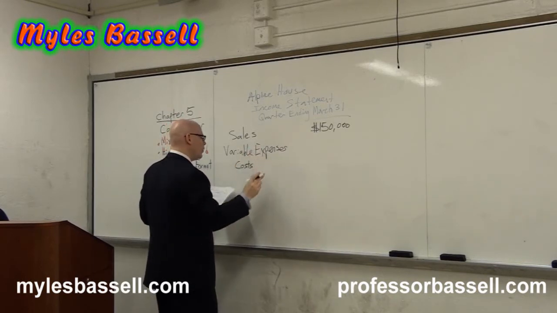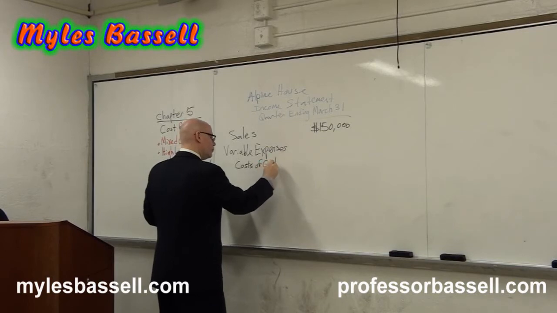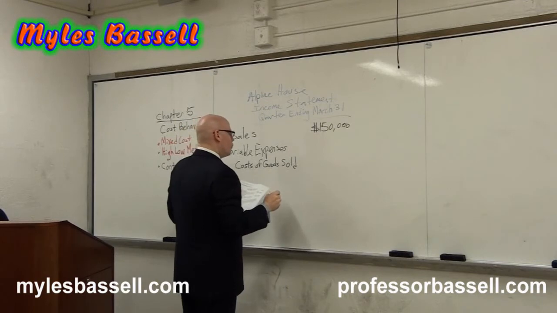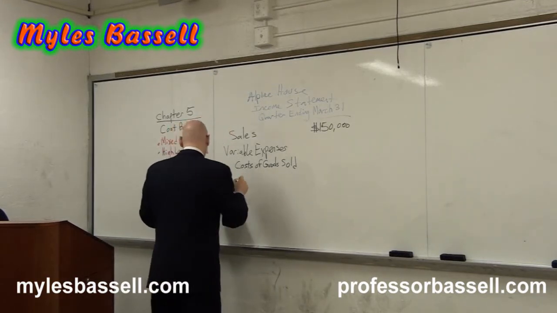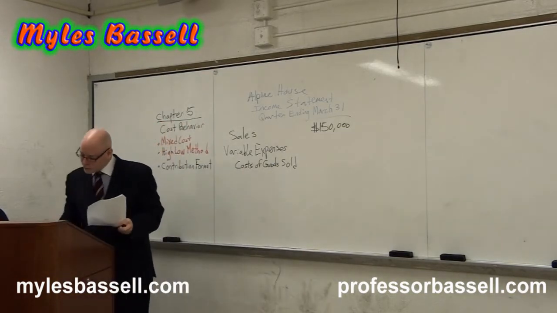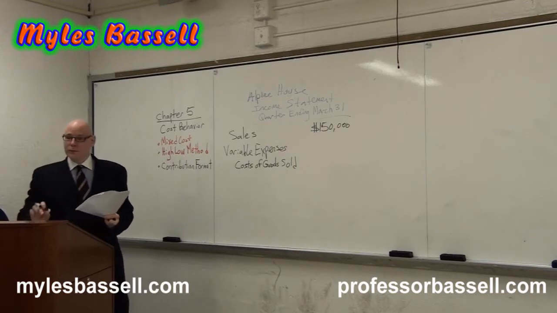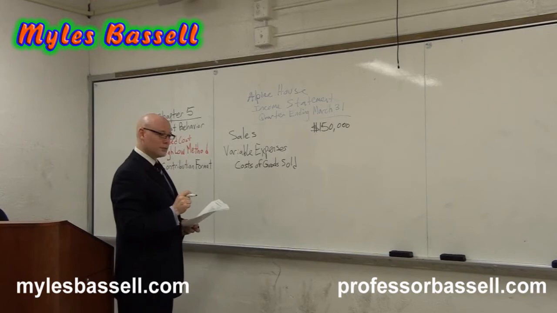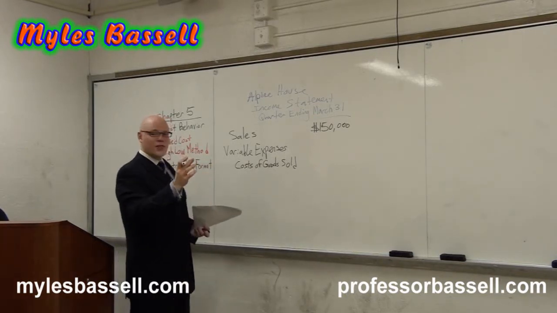All right, so now we're going to look at the variable expenses, starting with the cost of goods sold. What we're trying to figure out is, what is the cost?